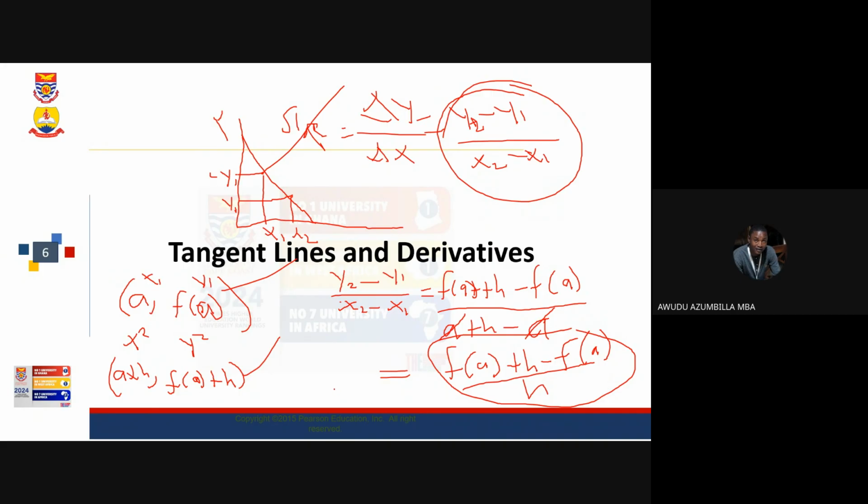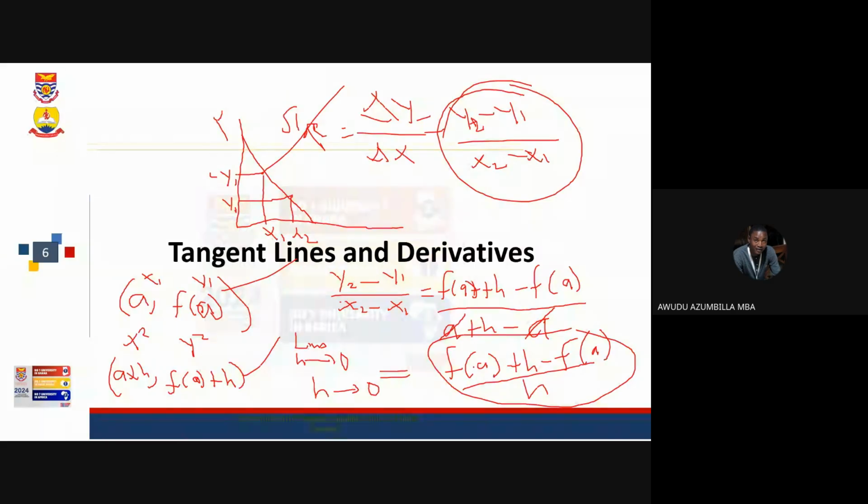As h approaches 0, this function becomes close to that particular point. It is reducing and reducing to become close to that point. So we say the limit as h approaches 0 gets closer to the point we are looking at.